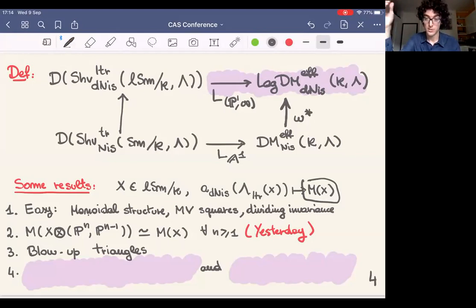So rather than starting from A1 and compactifying to P1 and then to P1 with boundary infinity, when you contract X times this or X times this to the n, you could also contract this P^(n-1), which is yet another compactification of A^n, or any other smooth compactification of A^n with log structure given by a boundary. So you can blow up as much as you like, and you will still not change the motive.